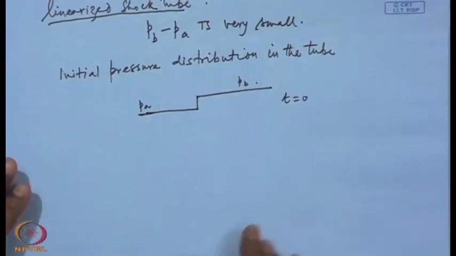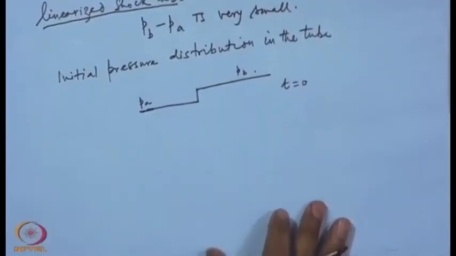As we have considered the disturbance very small, the difference in pressure is very small. So this disturbance created by the removal of the diaphragm also satisfies the linearized equations, and hence the linearized solution.